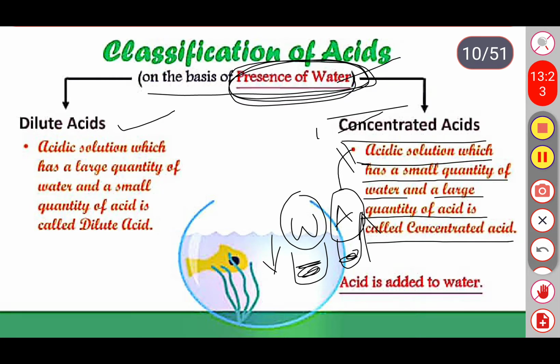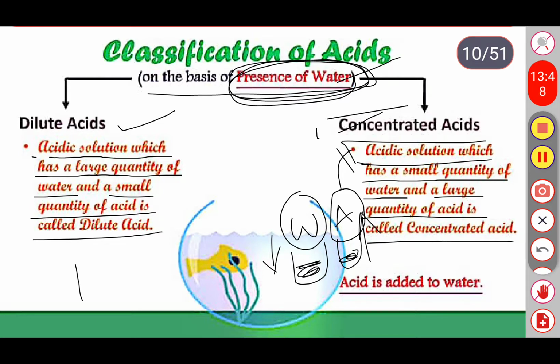Now see the dilute acid. Dilute acid is exactly the opposite of concentrated acid. What happens in dilute acid? See the definition. An acidic solution which has a large quantity of water and a small quantity of acid is called a dilute solution.